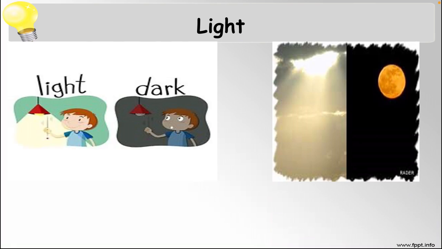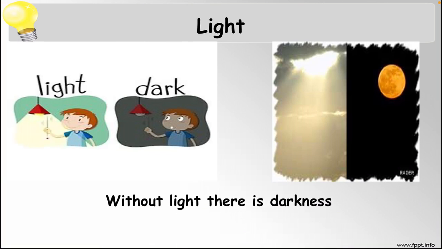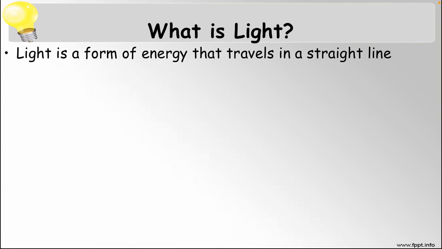Light. What is light? What do you think light is? We need light to see. Yes, now you can see in this picture, one picture is dark and the other picture is light. We need light to see. Light comes from different sources.